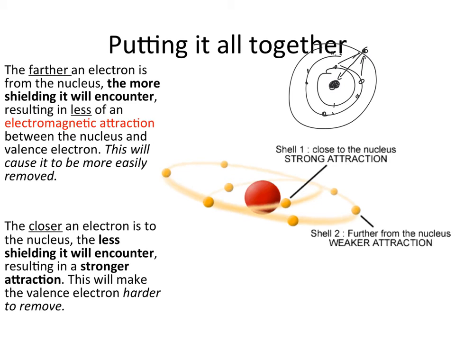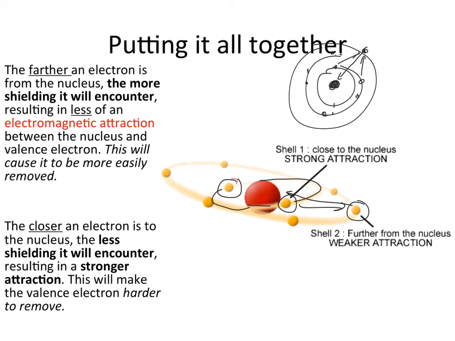However, the closer an electron is, so in the case of these electrons here, we can see that it's on the first energy level, and it's very, very close. It's uninhibited. The closer it is to the nucleus, the stronger it's going to be attracted because it's going to have less shielding than maybe this electron out in the second energy level. It doesn't have to look through that first energy level to get to that nucleus, and it also won't be repelled by these electrons.